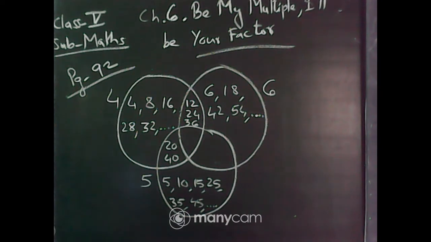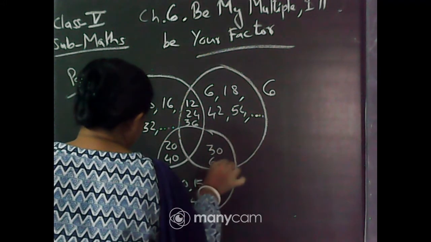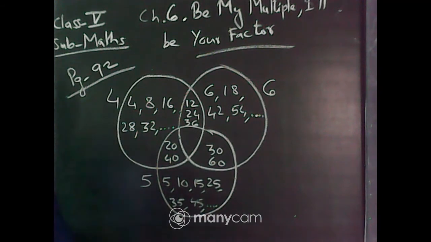Then common multiples of 5 and 6 will be 30 and 60. Not 60, it will be 90. 30 and 90.